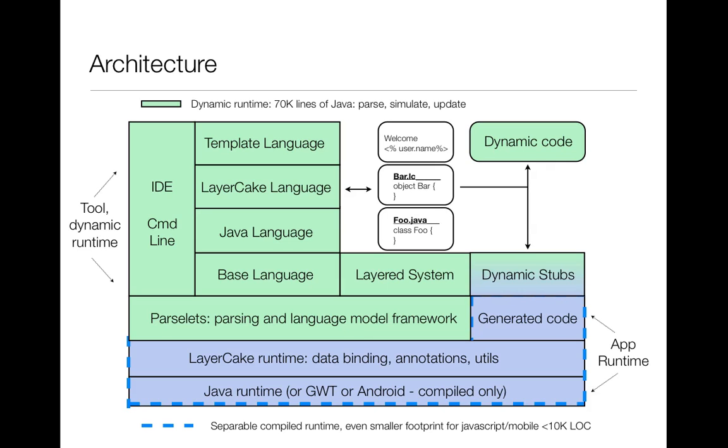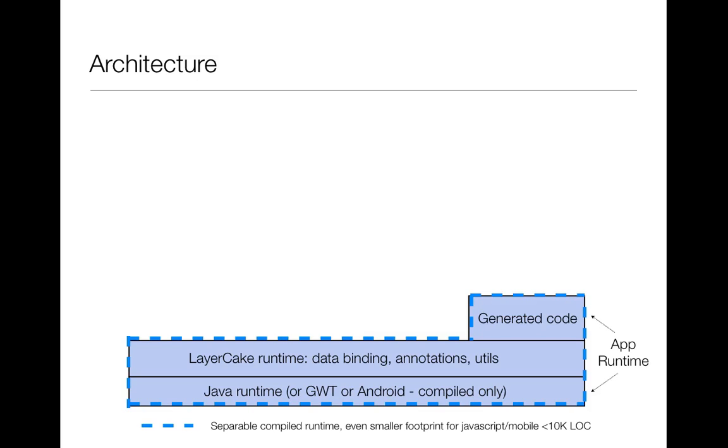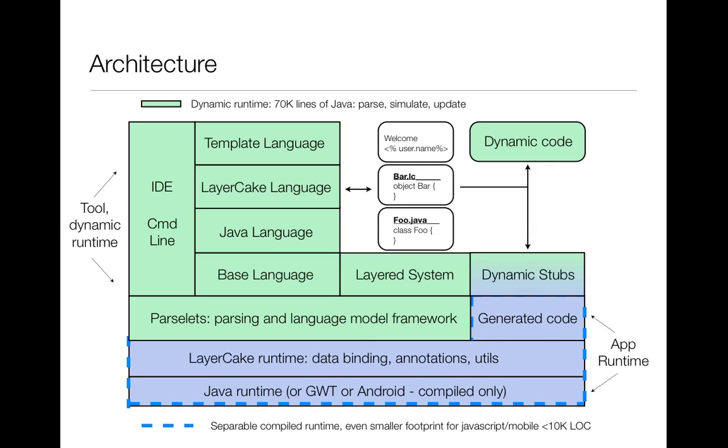But when you only have compiled layers, the dynamic mode code goes away. In general, the dynamic runtime is 70,000 lines of Java code, which is fairly small given all that's going on. And the compiled runtime is less than 10,000 lines of code, and it runs on JavaScript and Android.